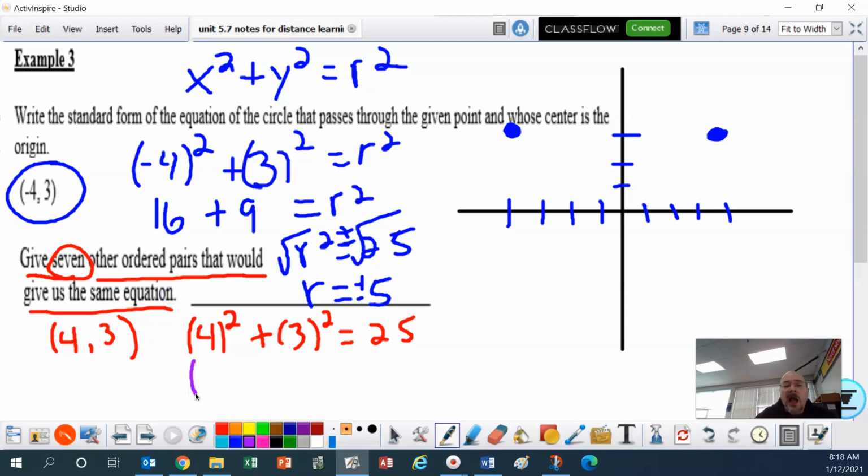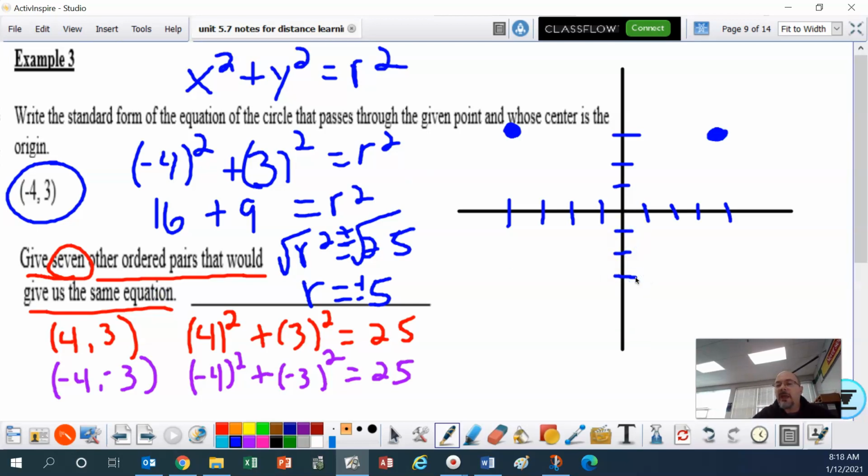How about negative 4 squared plus negative 3 squared? Hey, that's 25 also. Are you getting the idea of what's going on here? So negative 4, negative 3 also works. Now if I graph that, negative 4, negative 3, that dot would be right about here.